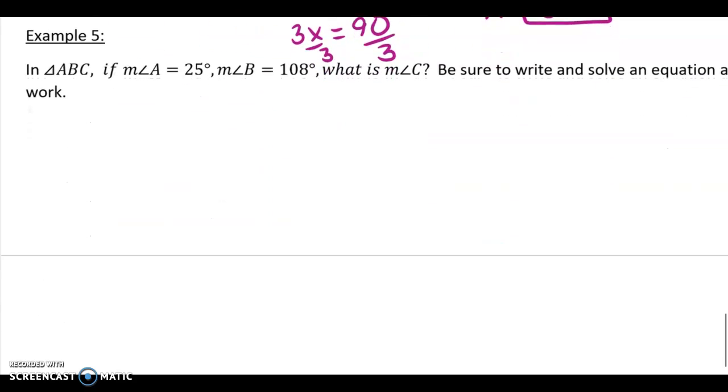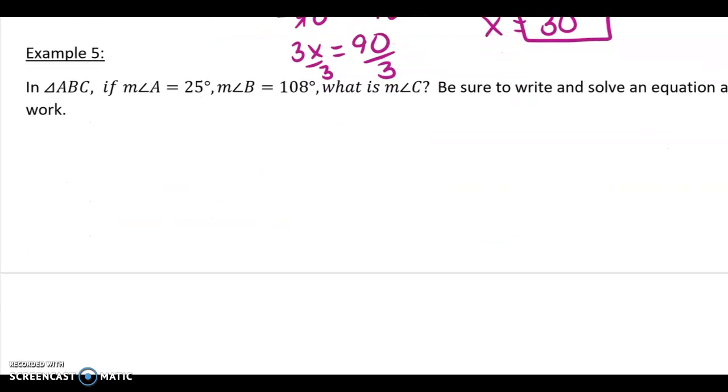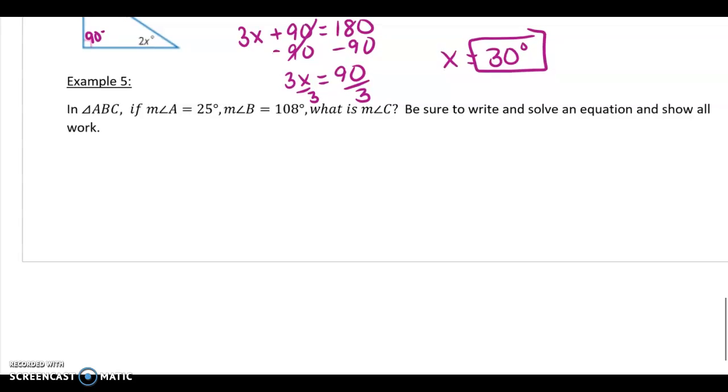In triangle ABC, if the measurement of angle A is 25, B is 108, what is C? Be sure to write and solve an equation and show all work. So if my one measurement is 25, plus my other measurement is 108, and then I'm missing measurement C, they all have to add up to equal 180.